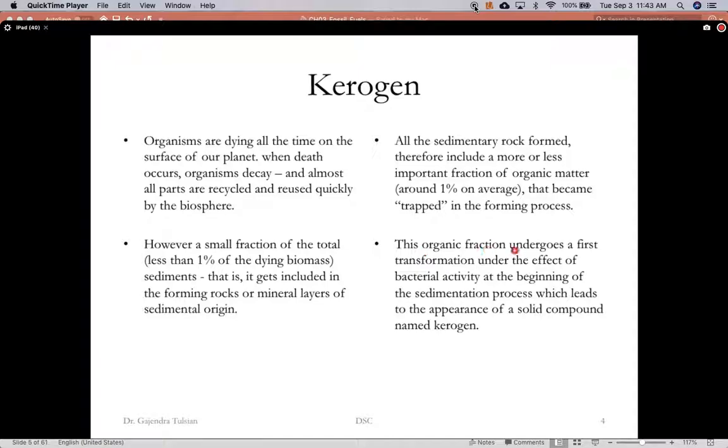This organic fraction undergoes a transformation due to bacterial activity, and the bacteria transform that organic matter into a solid compound which is named kerogen. It's not a single compound, it's a complex combination of compounds, but it's a solid matter and that's called kerogen. And coal and oil and gas are formed from kerogen.